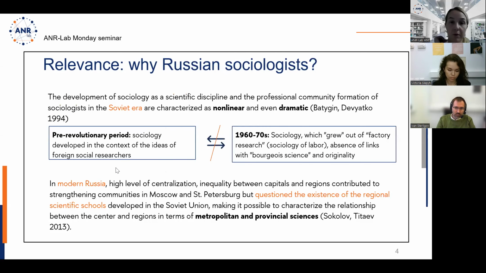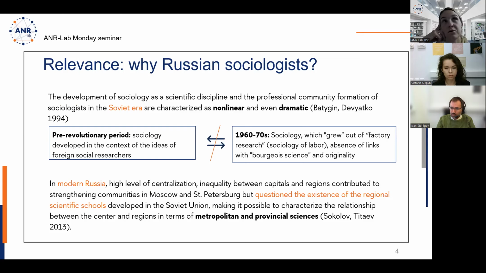And why do we talk about Russian sociologists? Actually, I'm myself a sociologist, and of course, it is important and interesting to think about the direction of your own field.